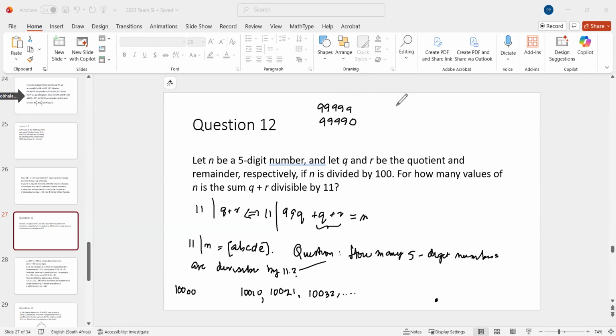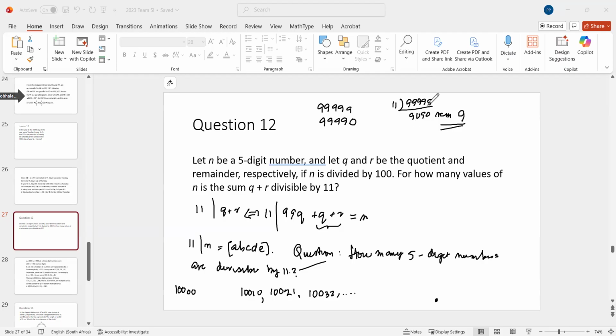If you don't like that, you can divide this by 11 as we did the last time, and you will see you get remainder 9. So if you subtract 9 from this number, you're going to get a multiple of 11 because it's 9 more than a multiple of 11.